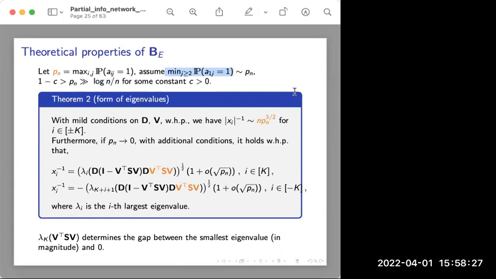Okay. Thank you. So it turns out the form of the eigenvalue tells us that the minimum eigenvalue of this term here determines the gap, determines how easy it is to do spectral clustering later.